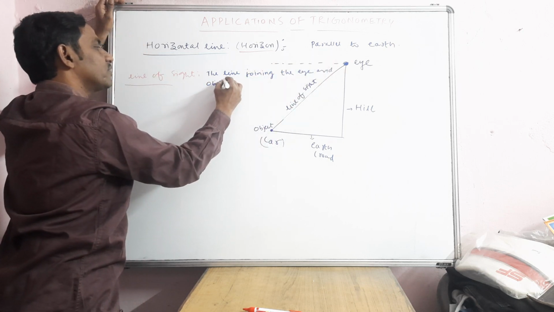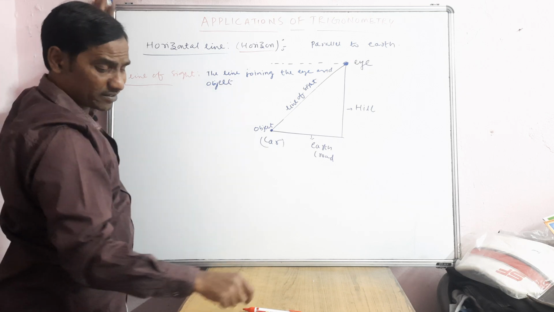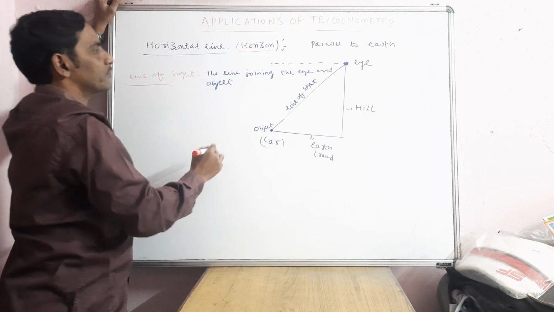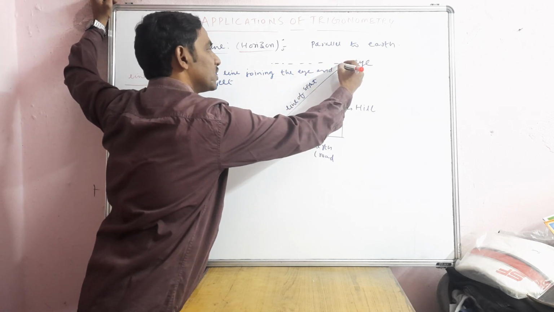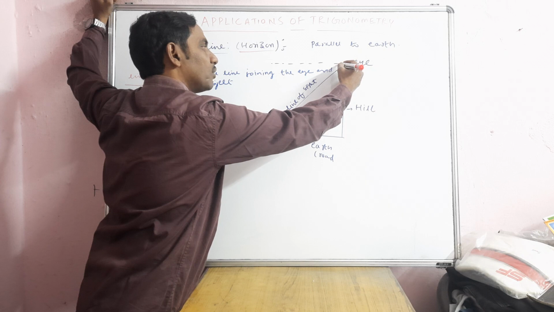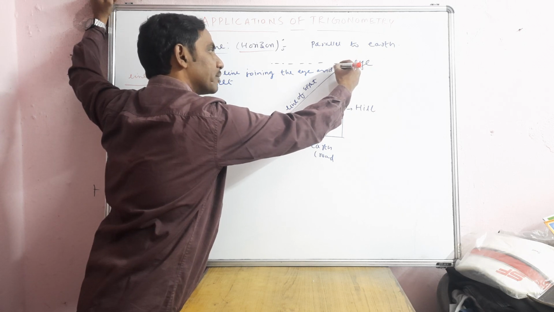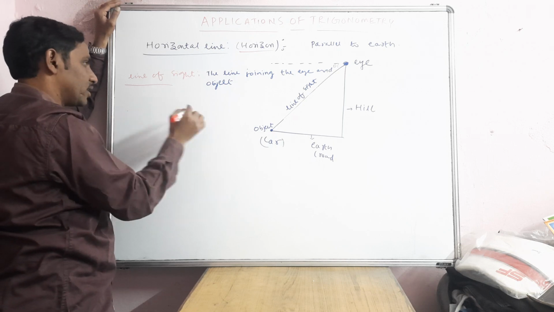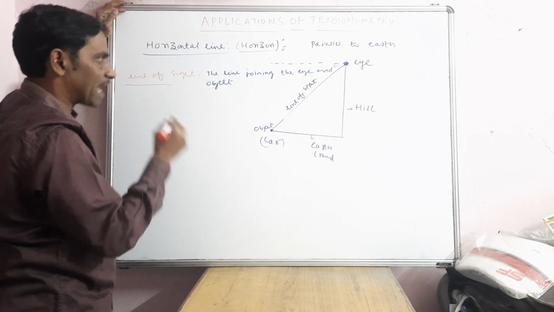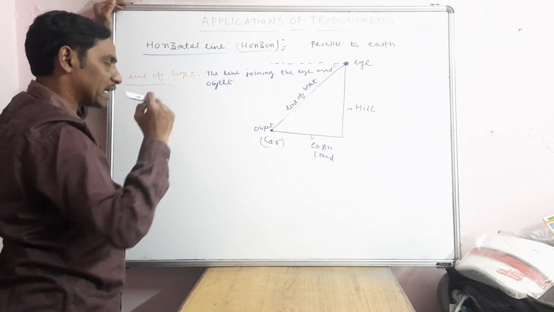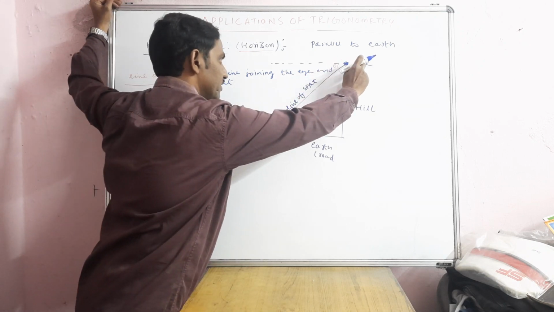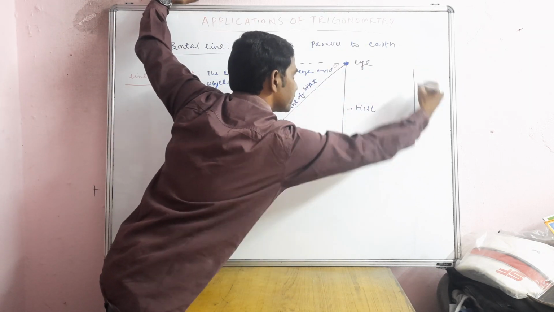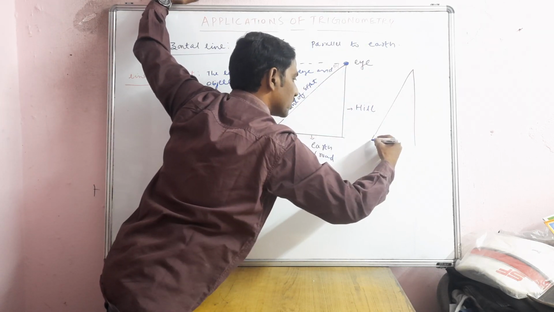Next, angle of depression and angle of elevation. If the eye is above the object, then the angle made between the horizon and the line of sight is called the angle of depression. Generally in every book you will see angle of elevation first. What is the angle of elevation? For example, the eye is down and the object is above the level of the eye.